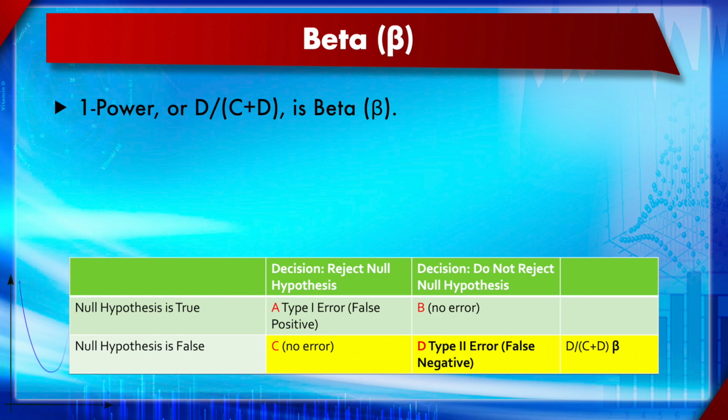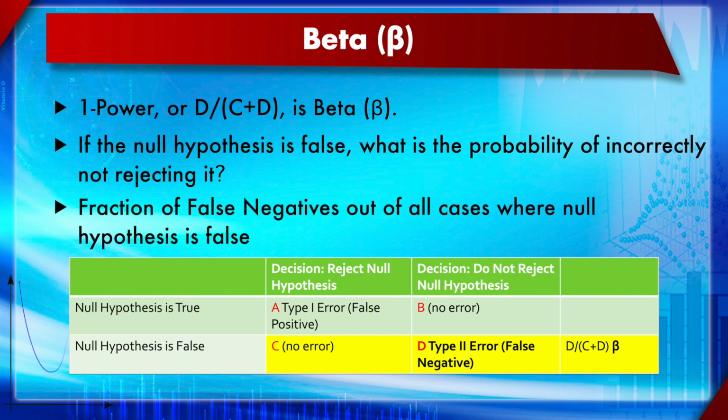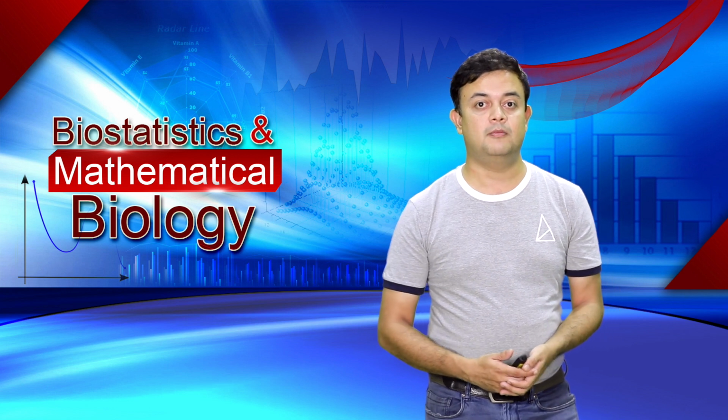So if the null hypothesis is false, what is the probability of incorrectly not rejecting it? That is what beta defines. In other words, it is the fraction of false negatives out of all cases where the null hypothesis is false.